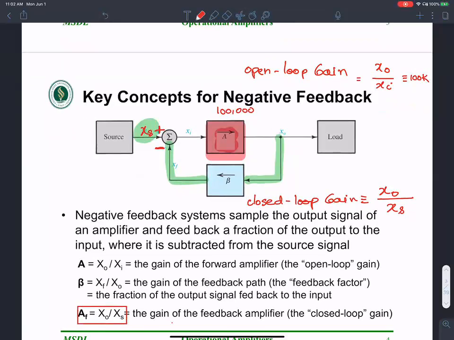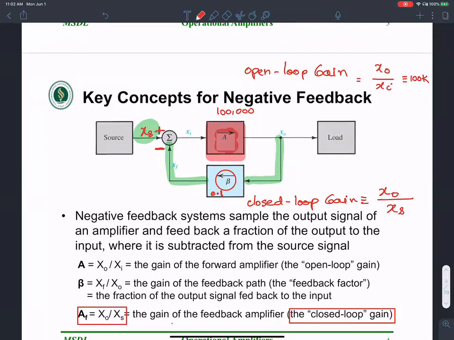The gain of the feedback amplifier, or the closed loop gain, is defined as X naught over XS. Now the gain of the feedback path, or the feedback factor, remember I was feeding in a small portion, a fraction of 1/10 of the output back into the input. That is called the feedback factor. So beta, the feedback factor, is defined as XF over X naught.